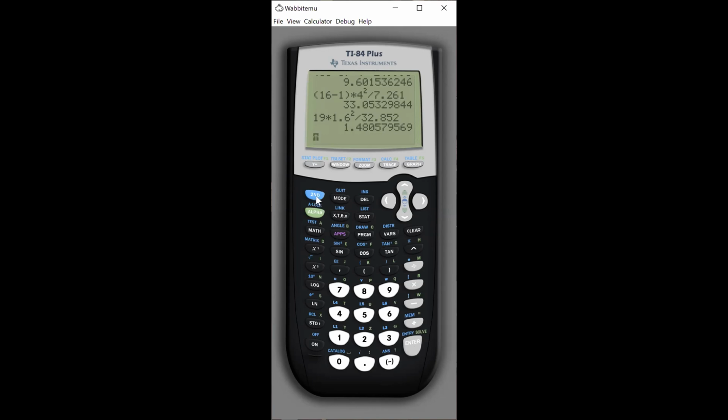So I'm going to press second enter. You have to re-enter this information again. Instead of putting 32.852, I'm going to replace that with 8.907. And you get 5.5.